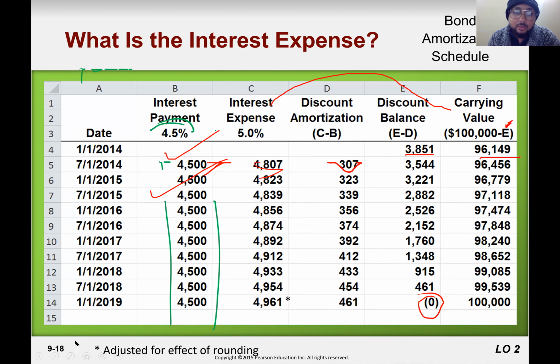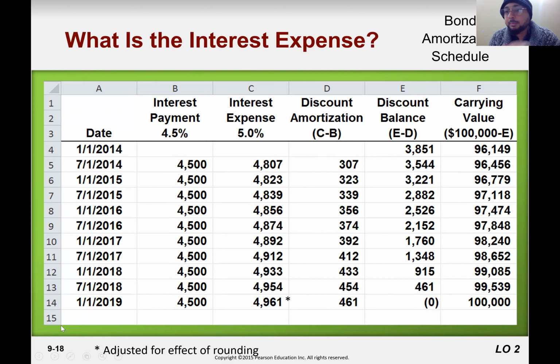And that is the discount that must be deducted from the total discount, right? So now the value is going to be, or you can say that this is going to be added here. Let me just add to 96,149.